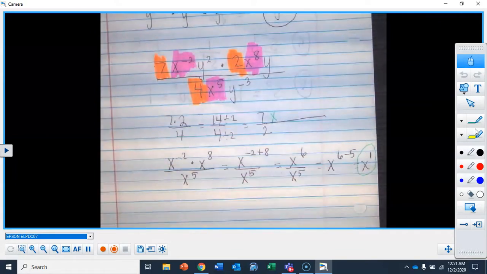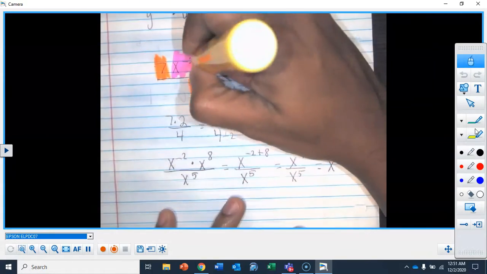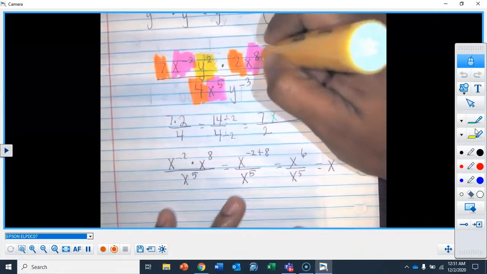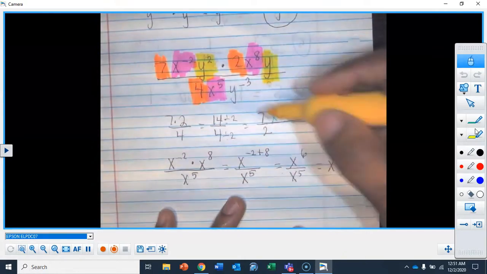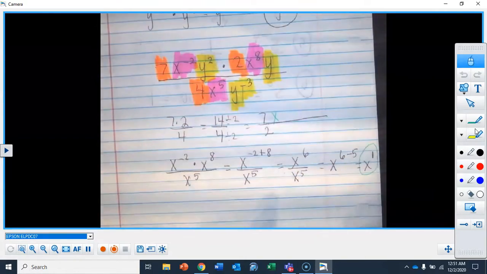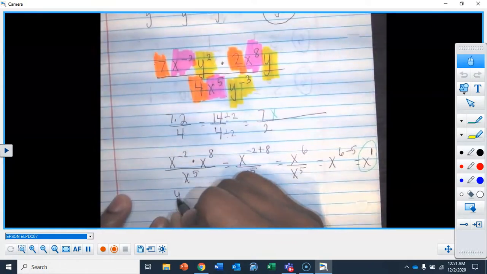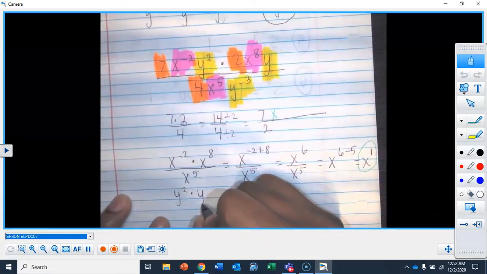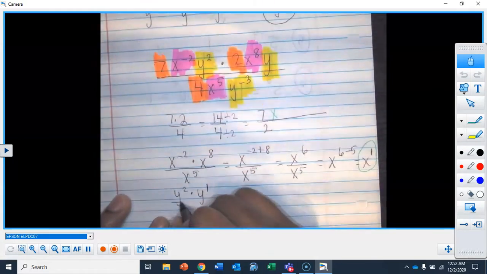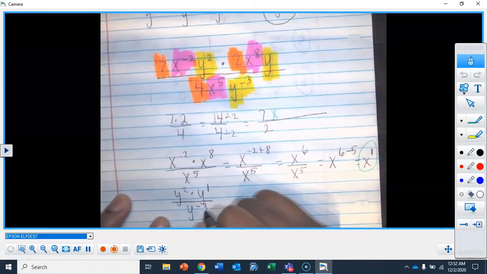So now for our y, grouping it together, we have y to the second times a y to the 1 up there, and on the bottom, y to the negative 3. Okay, so if I group into my scratch work, I have y to the second times y, I'm going to just show the 1, divided by y to the negative 3.